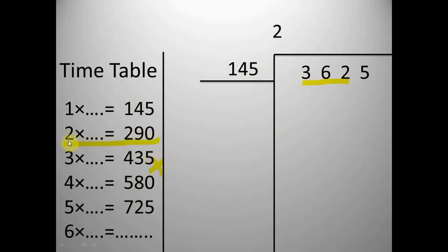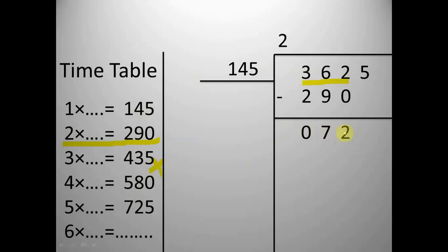2, write it up. Second number, write it under the dividend and subtract. The result is 72. This is a remainder. We must write down 5. The new dividend 725 is bigger than 145, and the division is possible.